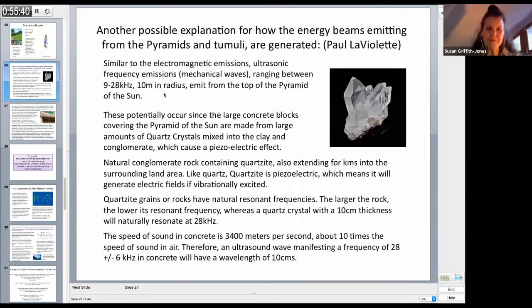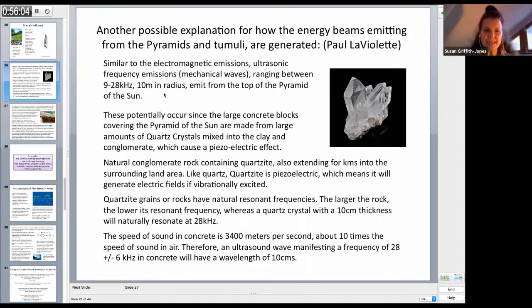So here we've now got, again, I'm back to Paul LaViolette's explanation for how the energy beams emitting from the pyramids and tumuli are generated. So similar to the electromagnetic emissions, the ultrasonic frequency emissions, which are mechanical waves ranging between 9 to 28 kilohertz, 10 meters in radius, are emitting from the top of the Pyramid of the Sun.